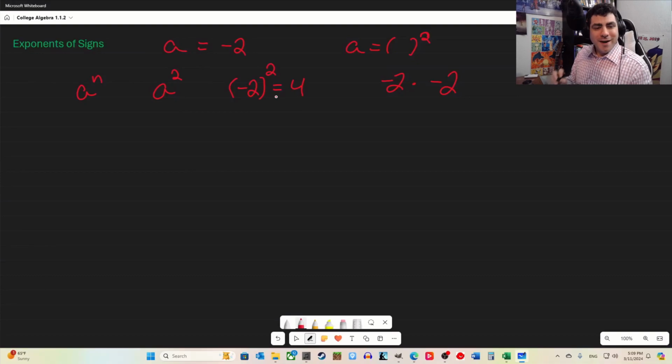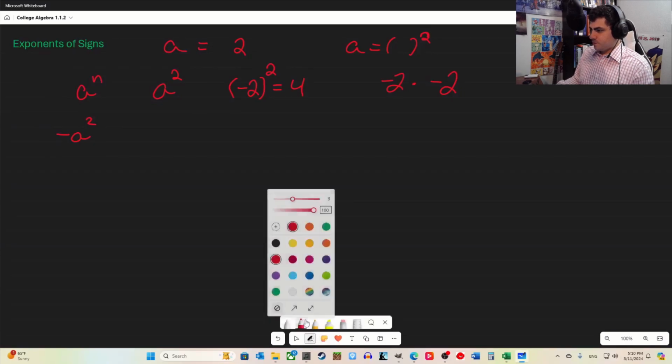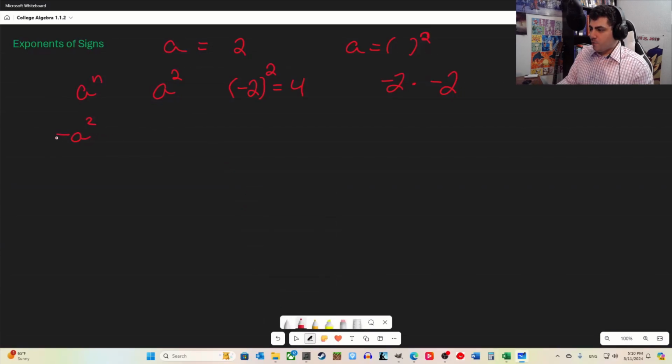Now, what if we had -a squared, and let's say a equaled 2? You with me? Say we have -a and a equals 2. Remember, this exponent, this second power, is being applied to this a. It's not being applied to the a and the negative sign.